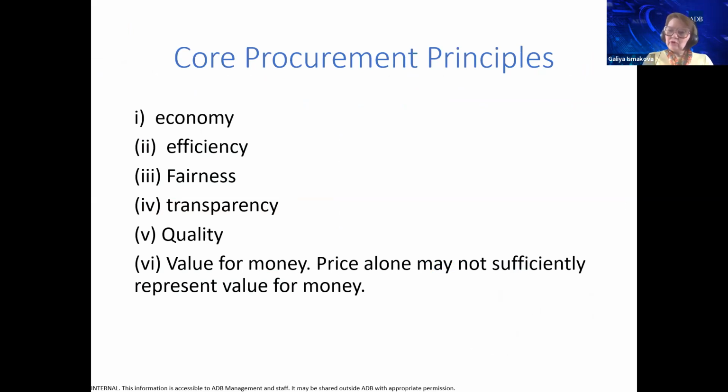And when we merged two types of procurement policy documents into one called ADB procurement policy, we decided in consultation with the borrowers that quality is a very important procurement principle, and it actually merges in the understanding of value for money as well.